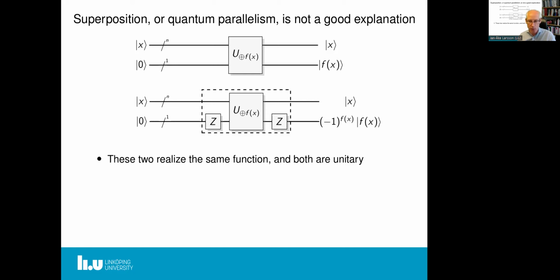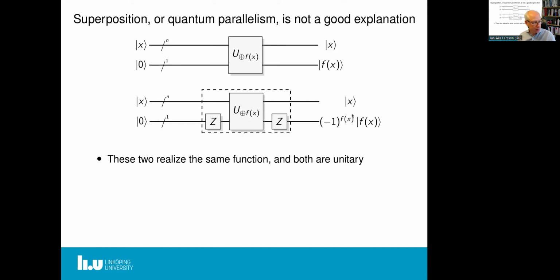You need more. So what I've done here is I've taken this correct unitary and I put it inside a larger box and I put a phase inverter before and after the unitary. And if you do the calculations, what you find is that the function value is still correct, but you have an extra phase before the function value.